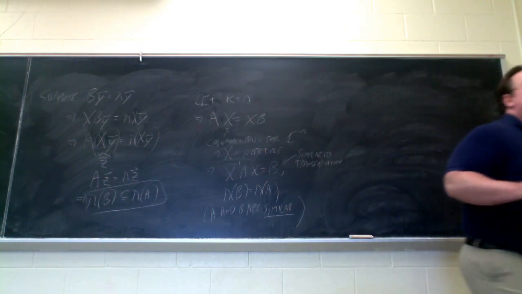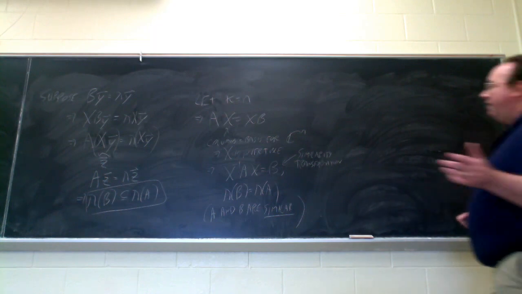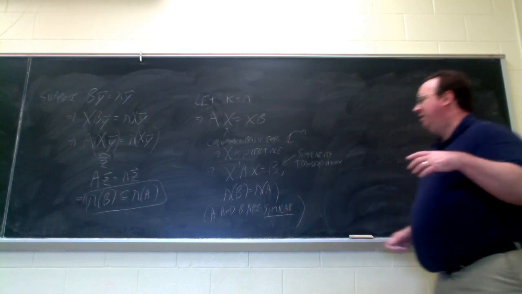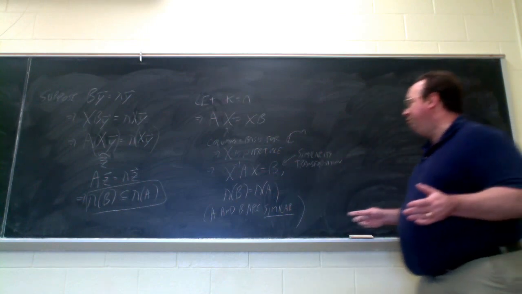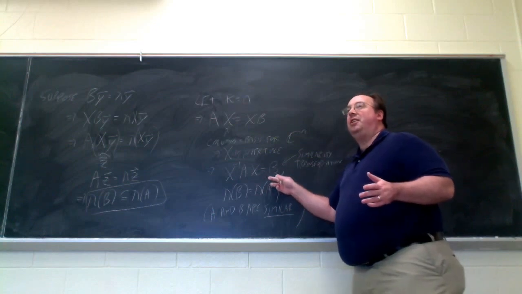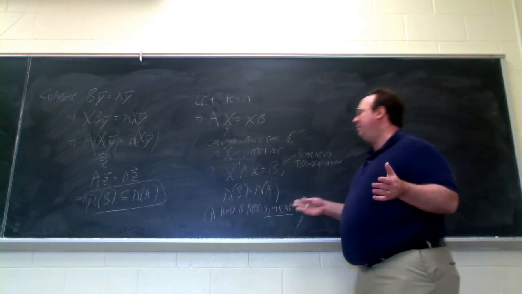This is our most important tool for computing eigenvalues and eigenvectors, because we can take our original matrix A that we want the eigenvalues of, multiply it on left and right by matrices that are inverses of each other to get this new matrix B that has the same eigenvalues. And that's important because suppose B is a structure where it's easy to get the eigenvalues. That's how eigenvalue finding methods proceed.